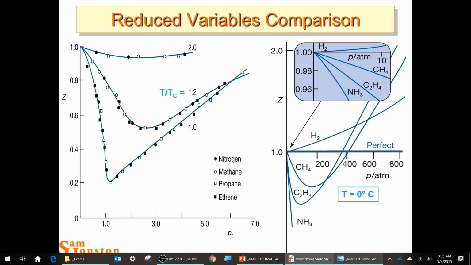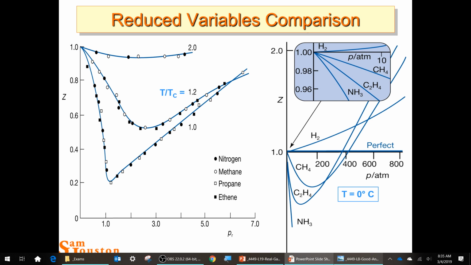So this is the Z plot at the critical temperature, and this is the Z plot at 20% higher, and this is the Z plot at 2 times the critical temperature. Notice how all the dots are on the same line: nitrogen, methane, propane, and ethene.